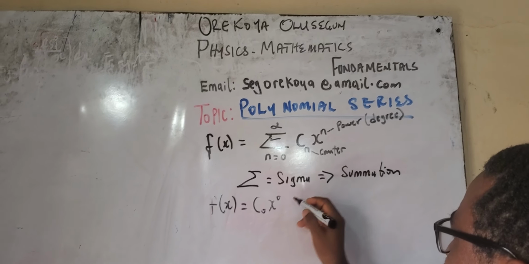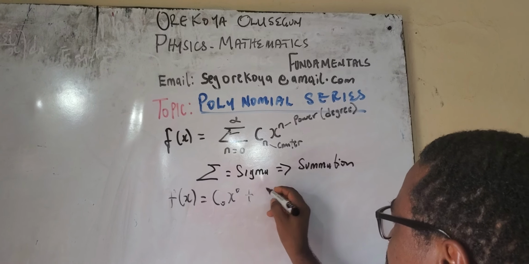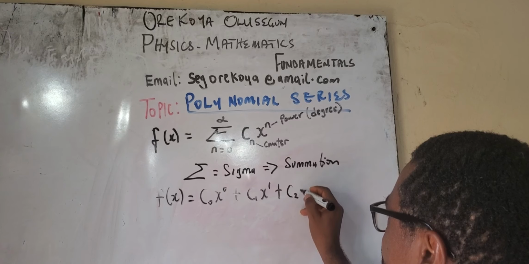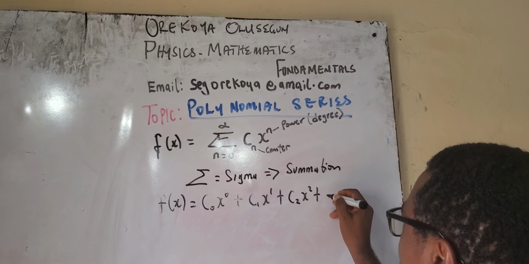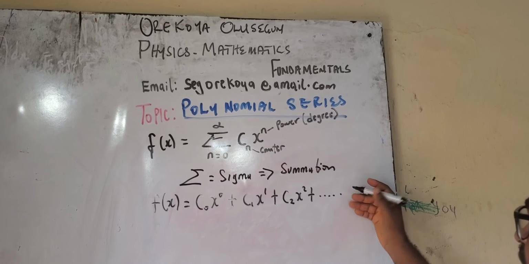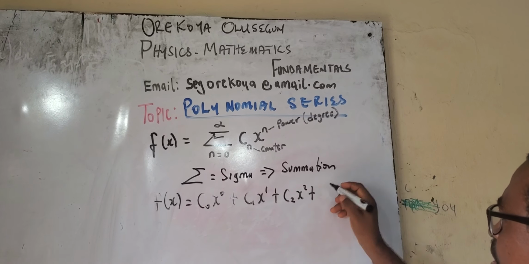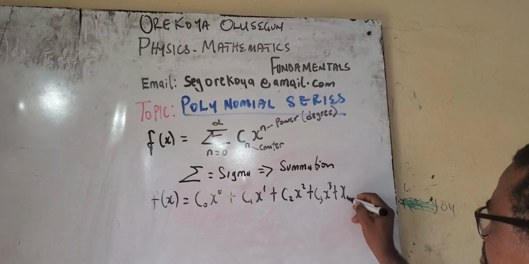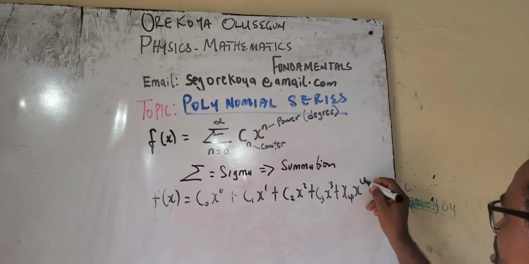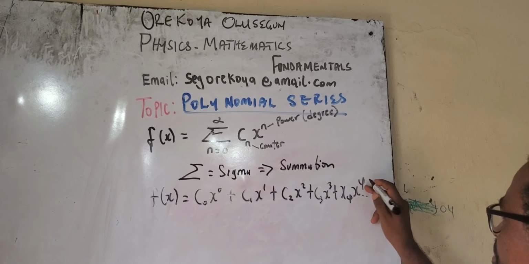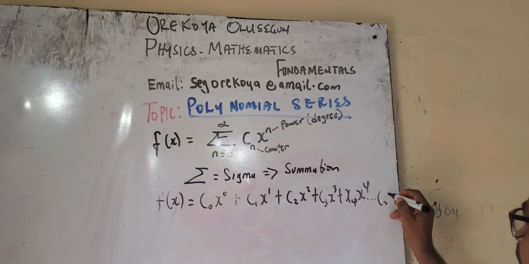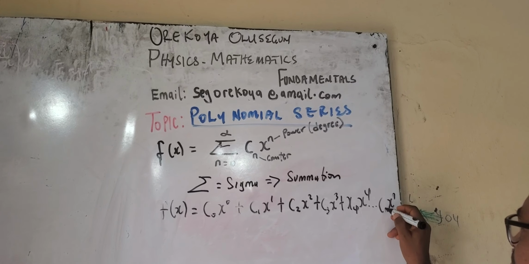So that is plus c1 x raised to the power 1, then plus c2 x raised to the power 2, plus x raised to the power 3 plus x raised to the power 4. So it will continue up to, if you look at this pattern, if I have n below, I will have x raised to the power n.